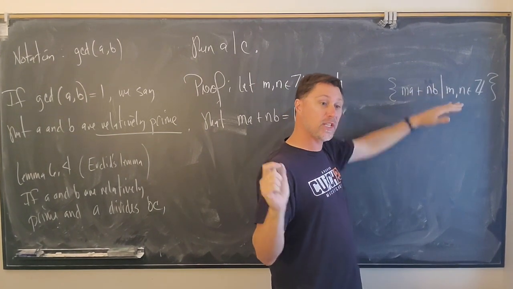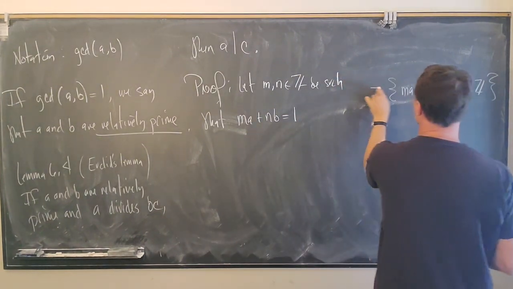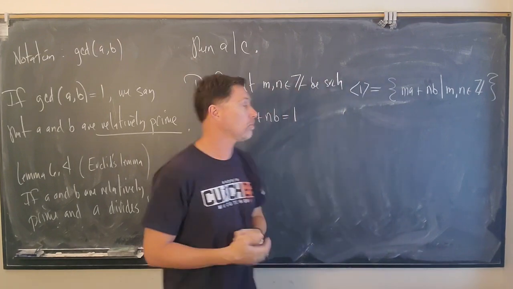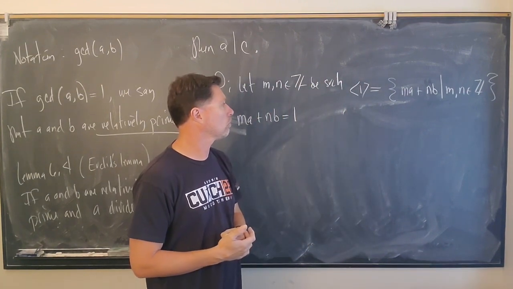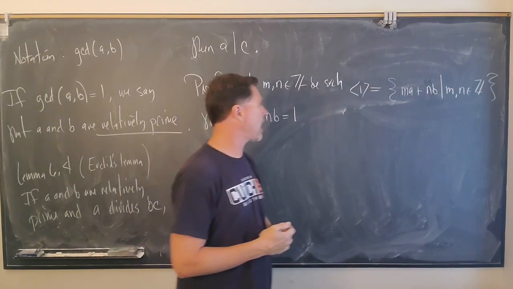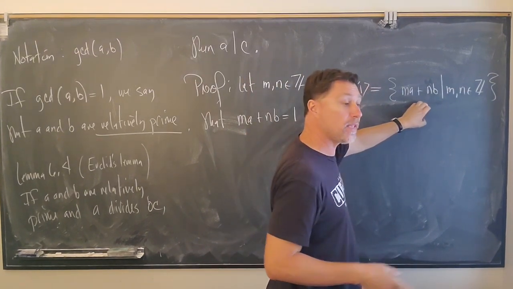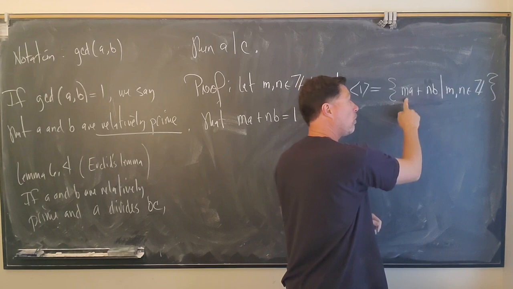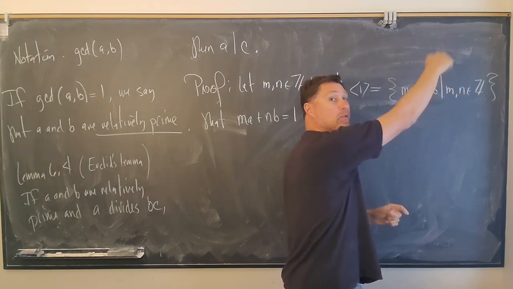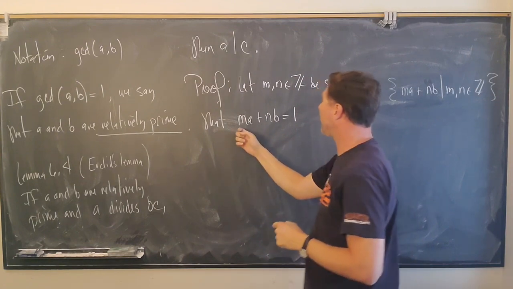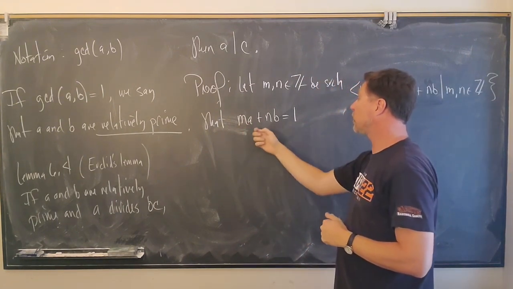Since we've said the GCD is equal to 1, we have that. And so what does that mean? Well, 1 lives in this set, which means that 1 has to be expressible in this form. So we have an M and an N for which this equation is true.